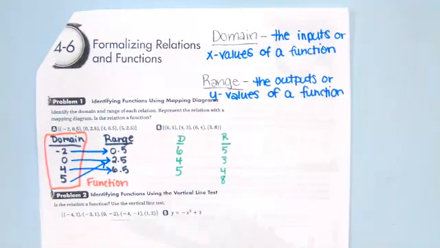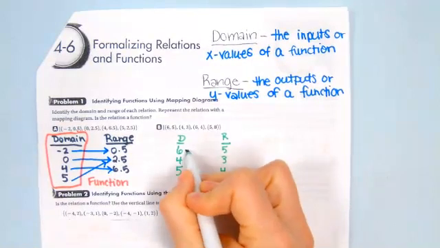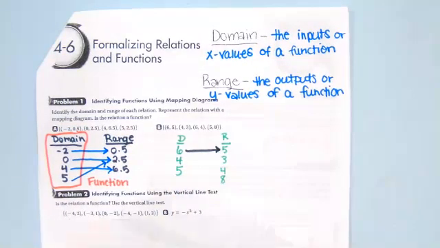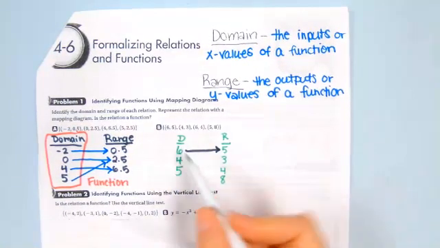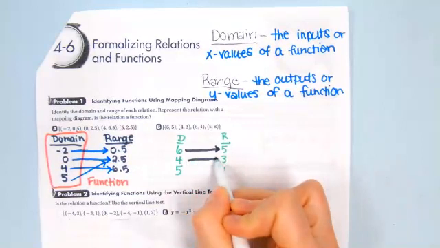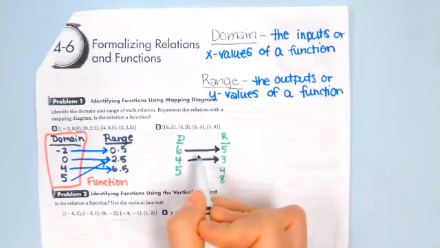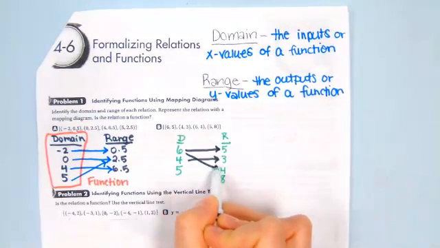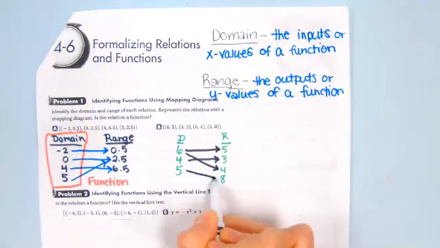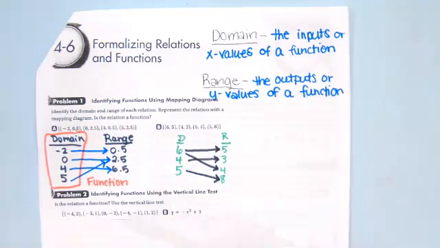Okay, and now we will do the arrows. So 6 maps to 5, and they use those words too. They say it maps. 6 maps to 5, 4 maps to 3, 6 maps to 4, and 5 maps to 8. Okay, which side did I say we check for domain?